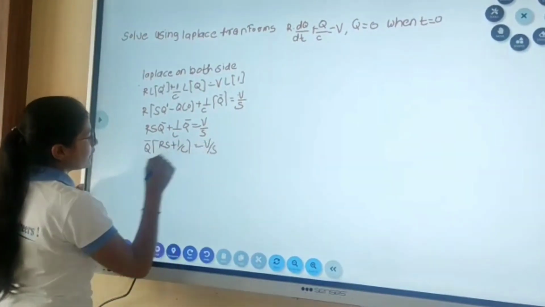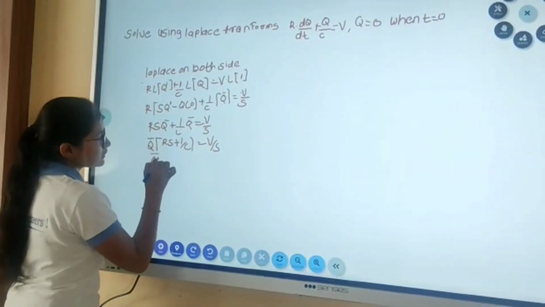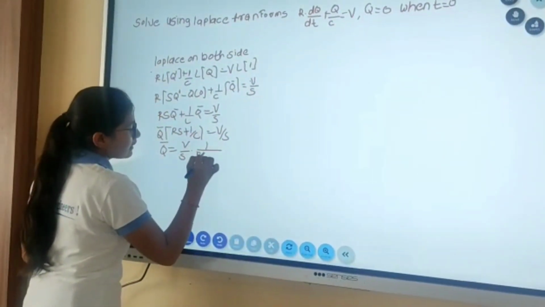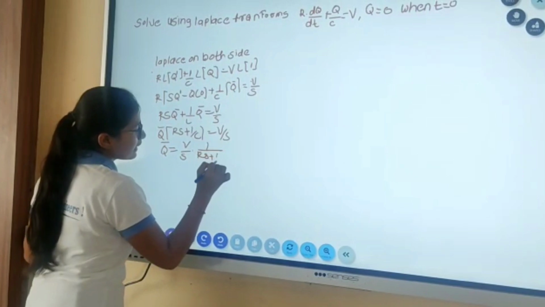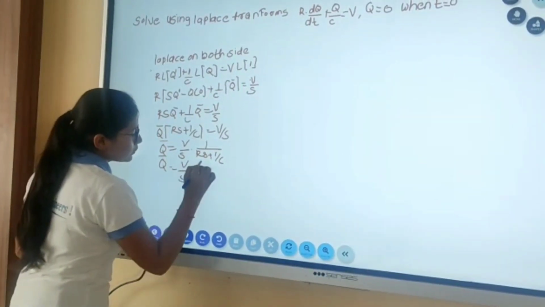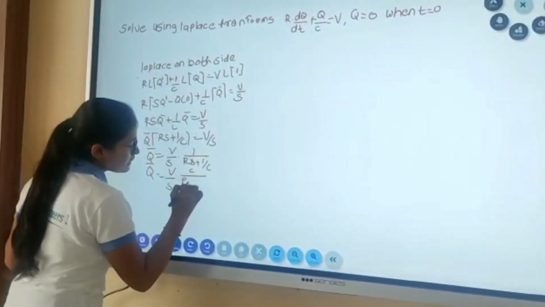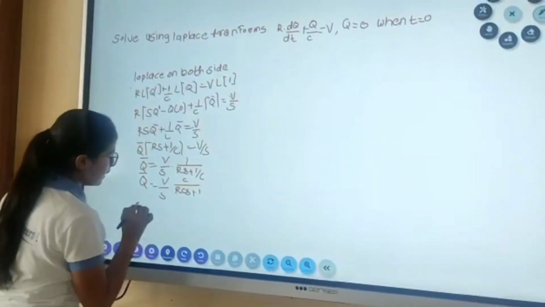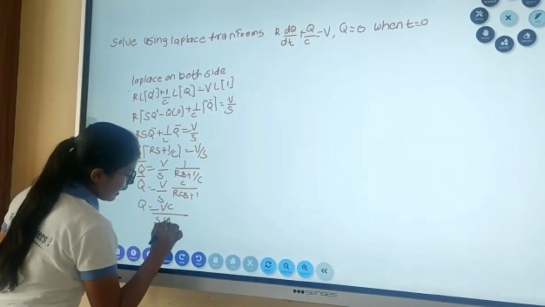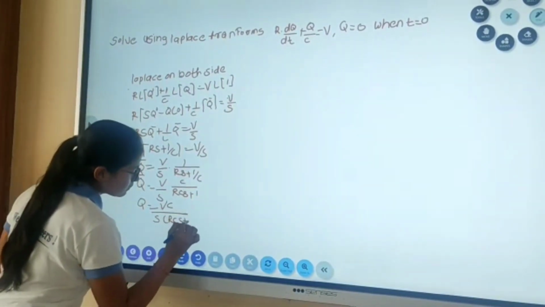This term will be divided here. Therefore, Q complement is equal to V by s into 1 upon Rs plus 1 by C. In this, the Q complement becomes V by s into C upon RCs plus 1. Therefore, Q complement is equal to VC upon s into (RCs plus 1).